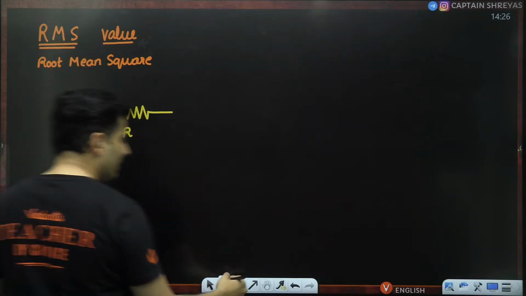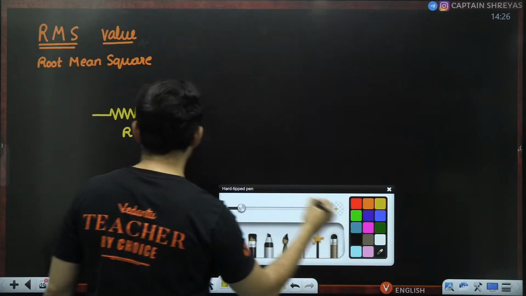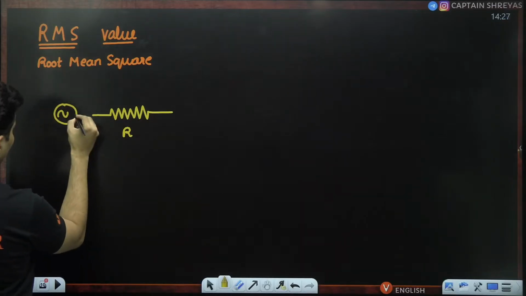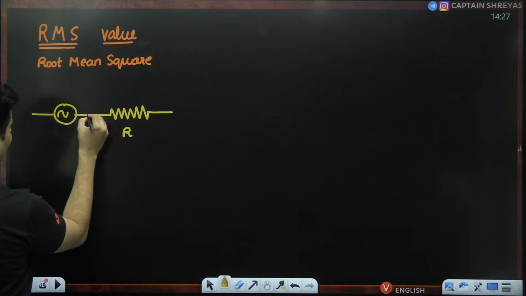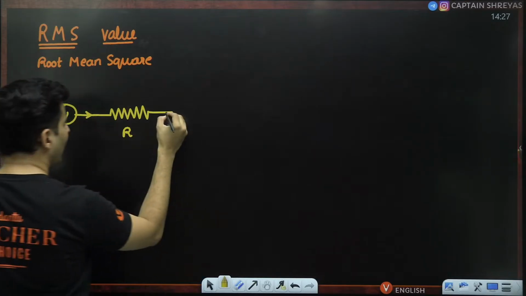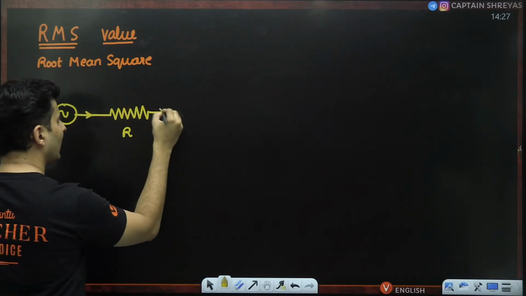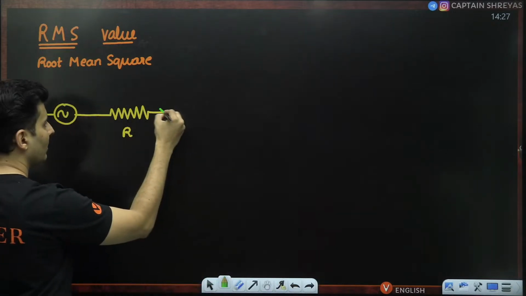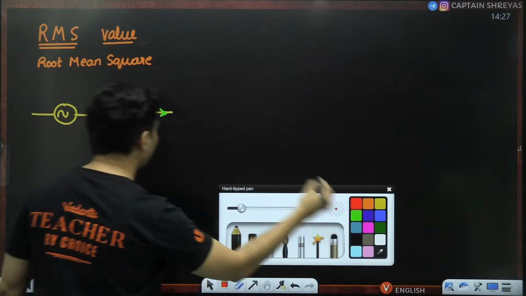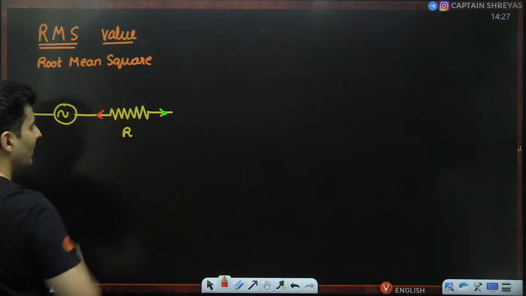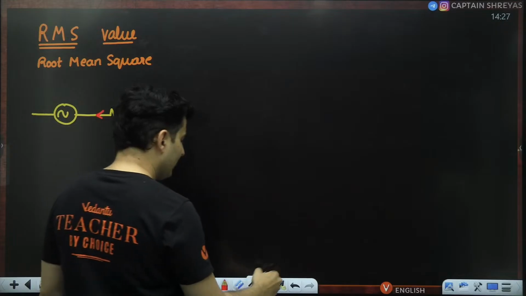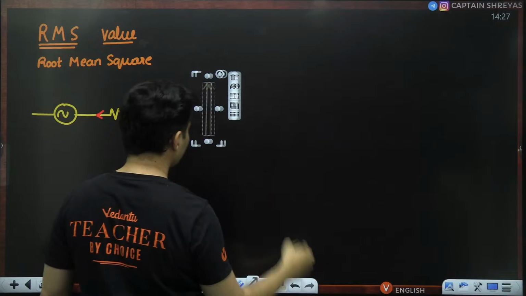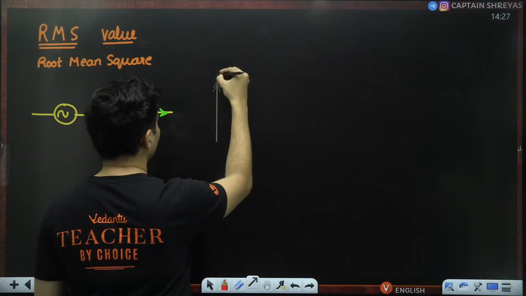Now, in this resistance, let's say somebody is passing an alternating current. So what will happen is, once the current will go like this in the positive cycle, and then in the negative cycle, the current will change the direction and it will go like this. So tell me one thing. Okay, let me just draw the graph over here.